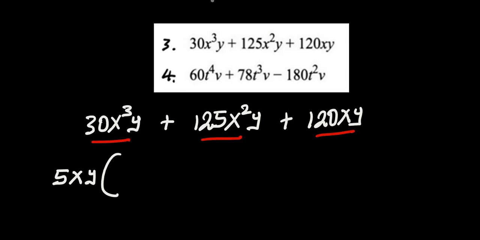So 30x cubed y divided by 5xy is going to give us 6x squared plus 125x squared y divided by 5xy. This would be 25x plus 120xy divided by 5xy. This would be 24.